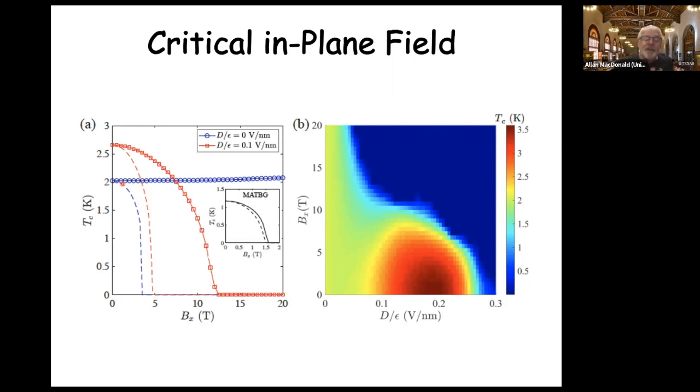This is consistent with the data not only in the trilayer graphene, but also in the bilayer. We don't see this effect in bilayers simply because in bilayers there's a strong pair breaking effect that's purely orbital.